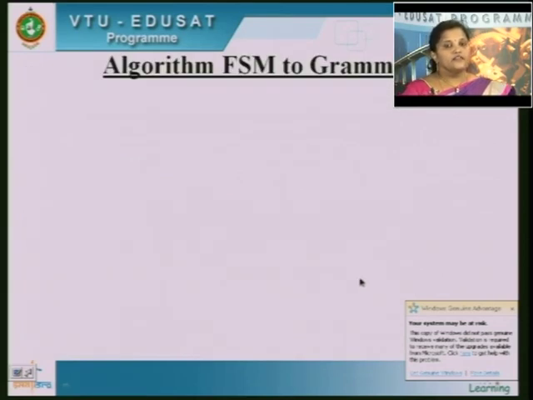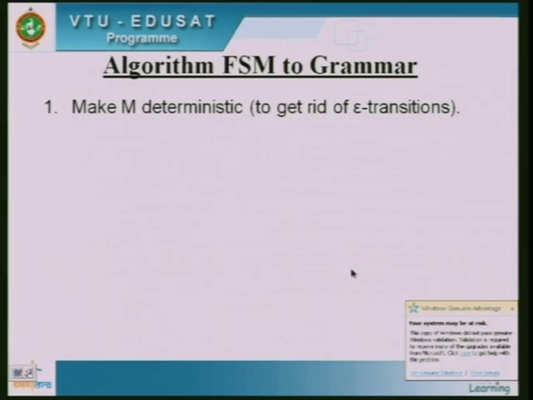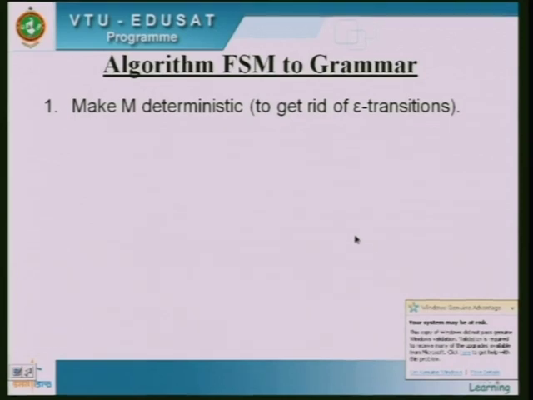Next, let us see the algorithm for converting the finite state machine to the grammar. Actually, this is an exercise given in the textbook. Only the grammar to FSM is given, but FSM to grammar is not given. First step is make M deterministic.